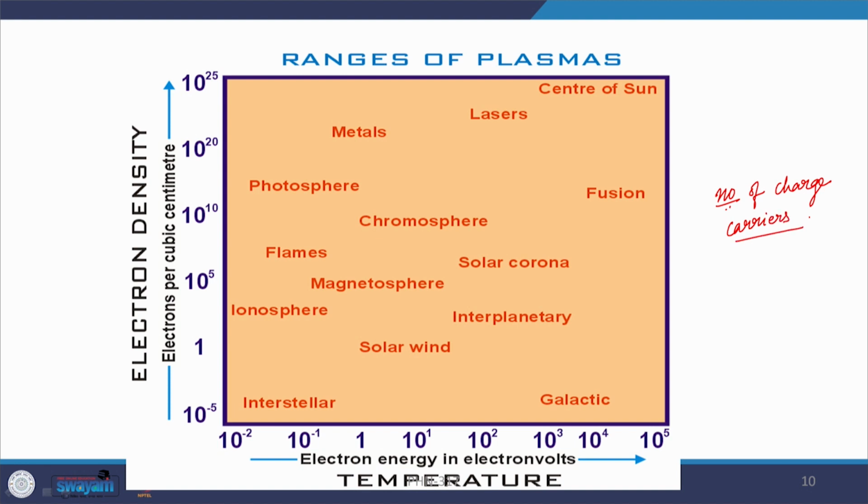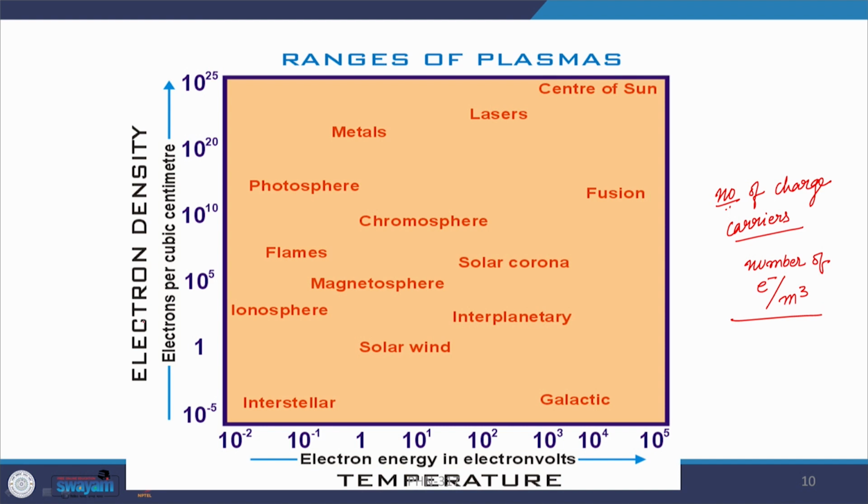You see, we have defined plasma as an ionized gas, right. So, number of charge carriers is, let us say, number of electrons per unit volume. So, this defines the strength of plasma. Not all plasmas will have equal number of electrons per unit volume, right.